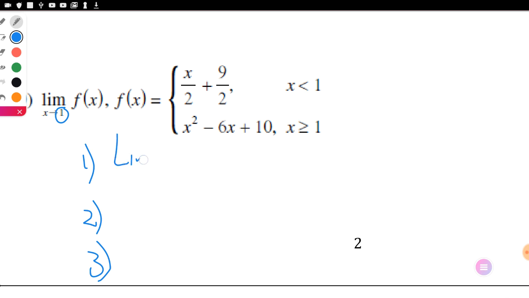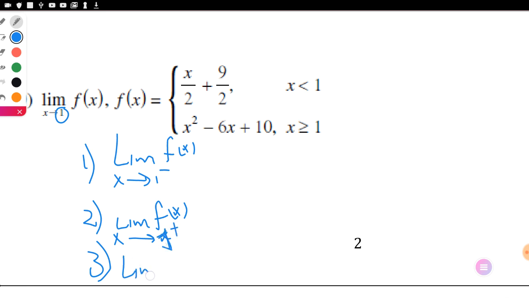Limit f of x when x approaches 1 from left. I have to find the limit from both sides, from left and from right. Okay, 1 from right. Then compare the results to find the limit of f of x when x approaches 1.